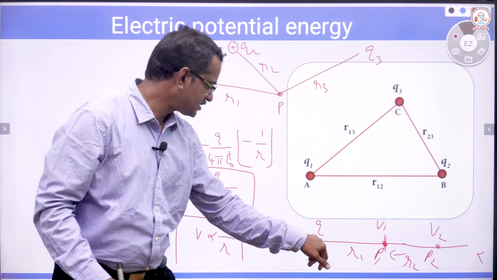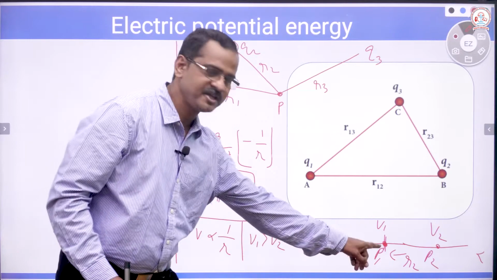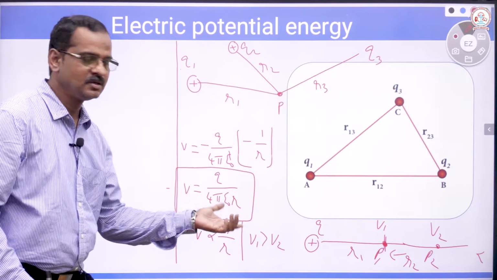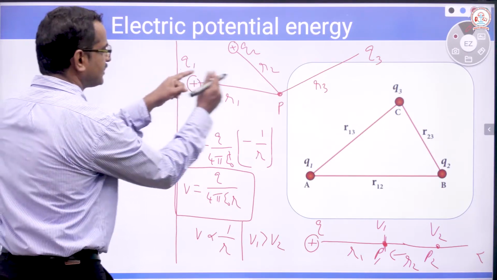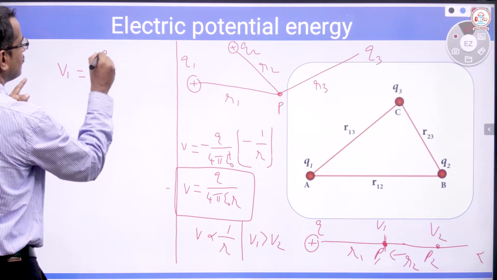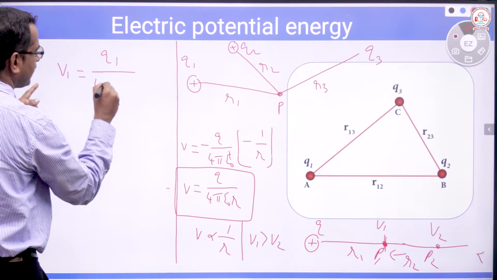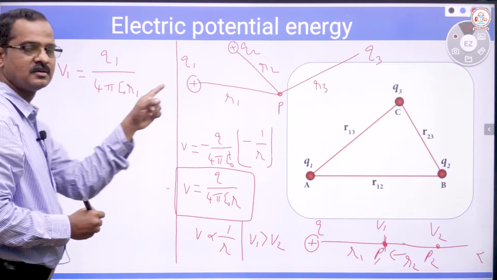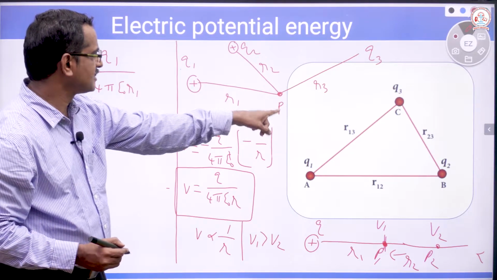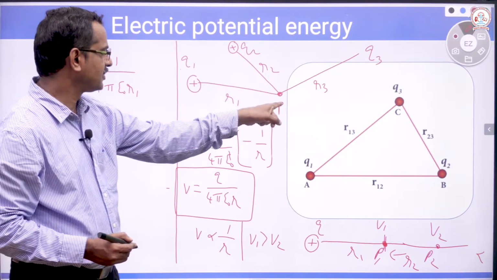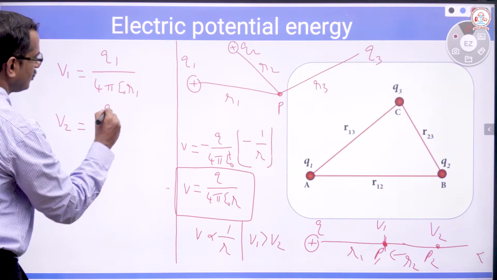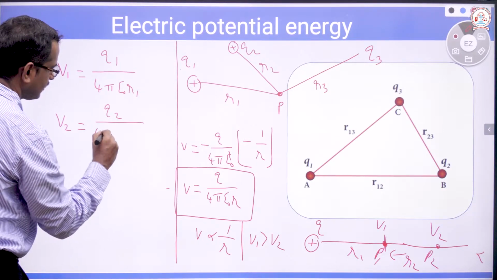For a single charge Q, at the point P which is at a distance R, we have calculated that V equals Q by 4 pi epsilon naught R, isn't it? In the same way, for this charge Q1, the electric potential at this point, V1, will be equal to Q1 divided by 4 pi epsilon naught R1. For the charge Q2, the electric potential at the point P, V2, is equal to Q2 divided by 4 pi epsilon naught R2.